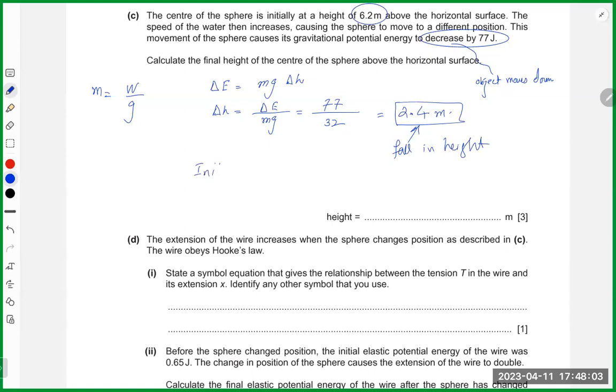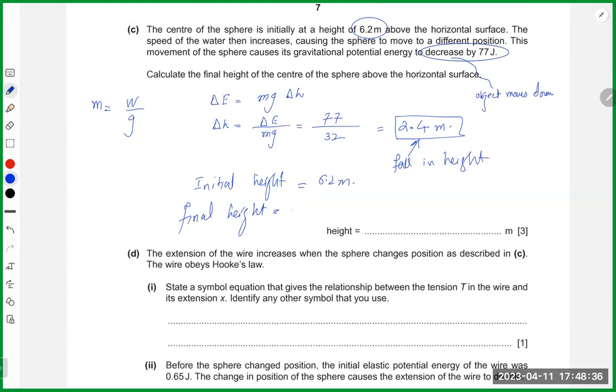Initial height is 6.2 meter. Final height will be 6.2 minus 2.4. But be very careful. In case energy is lost, then you have to subtract. Otherwise, you have to add. Final height will be 6.2 minus 2.4, 3.8 meters.